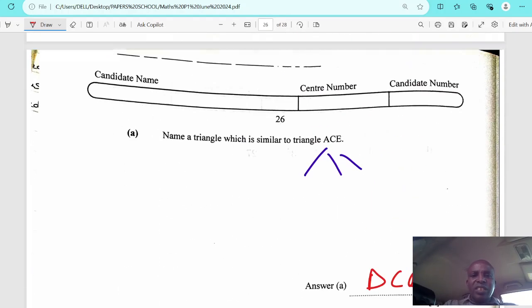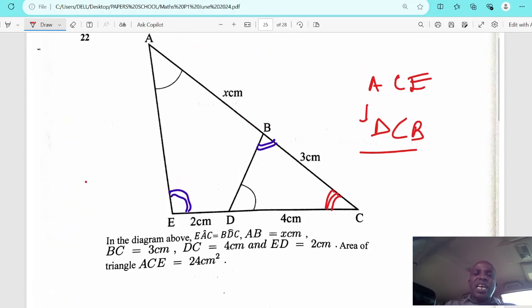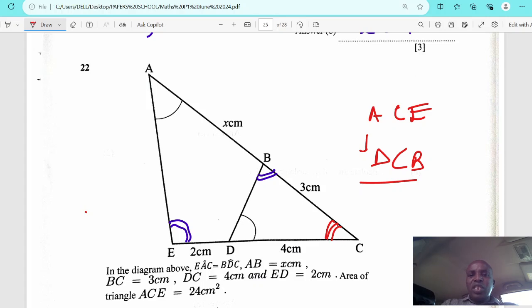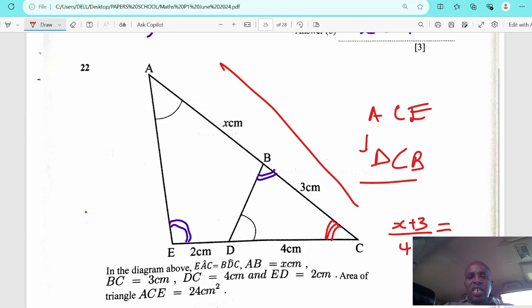Next, find X. If two shapes are similar, the ratios of their corresponding sides are equal. So you just use the ratio of the sides here. You want to find X. X is in this bigger triangle, which is X plus 3, over the corresponding side, marked with black and red, DC, which is 4 centimeters, is equal to the other ratio, the complete set.